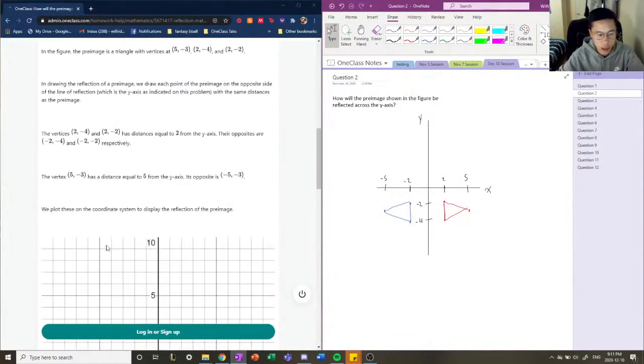so there is a formula for this, which is you just negate the coordinate that you are changing. So for example, let's say that you wanted to reflect across the y-axis.